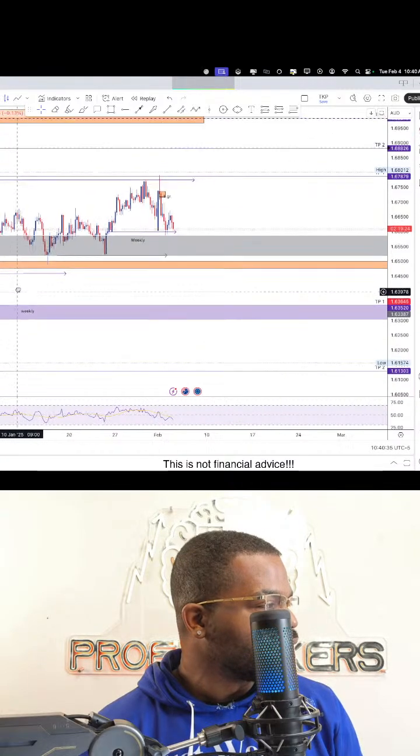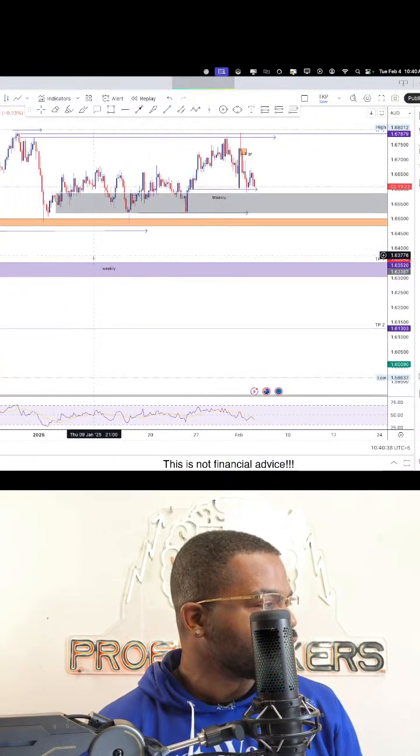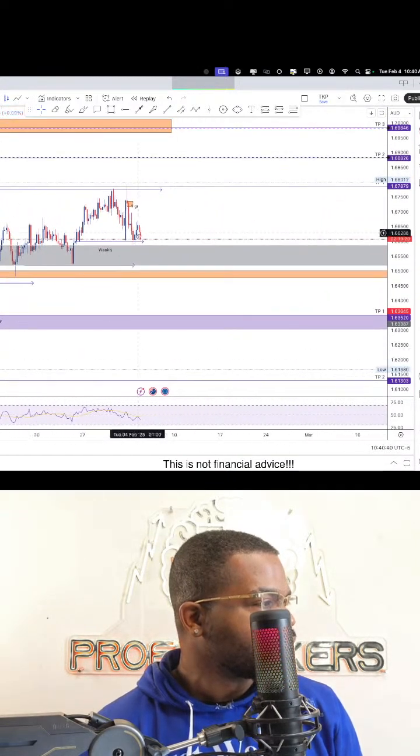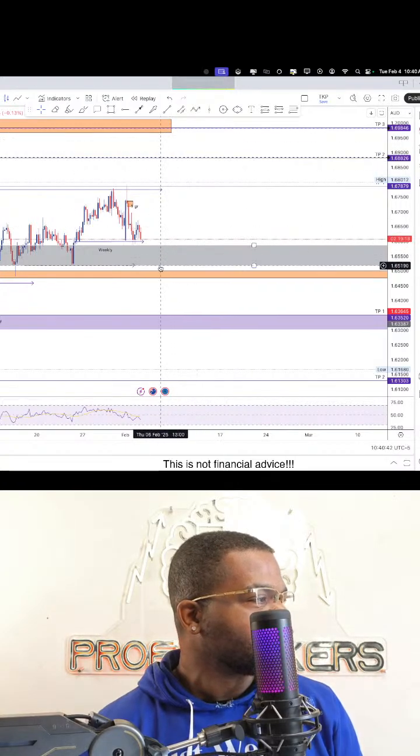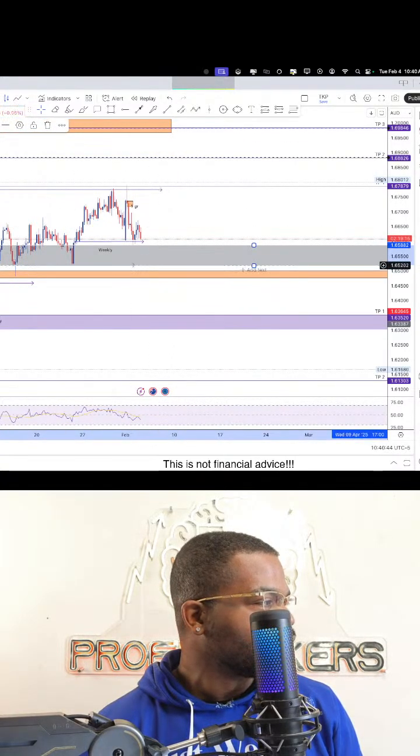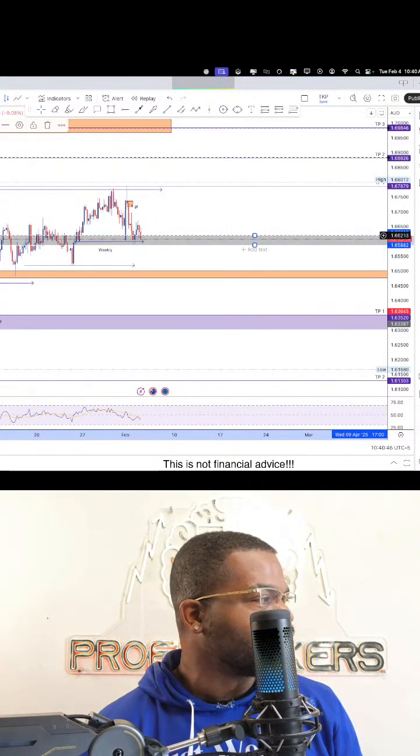Because again, we got this weekly level down here that needs to be retested. So right now, this will be the key level that we need to monitor.